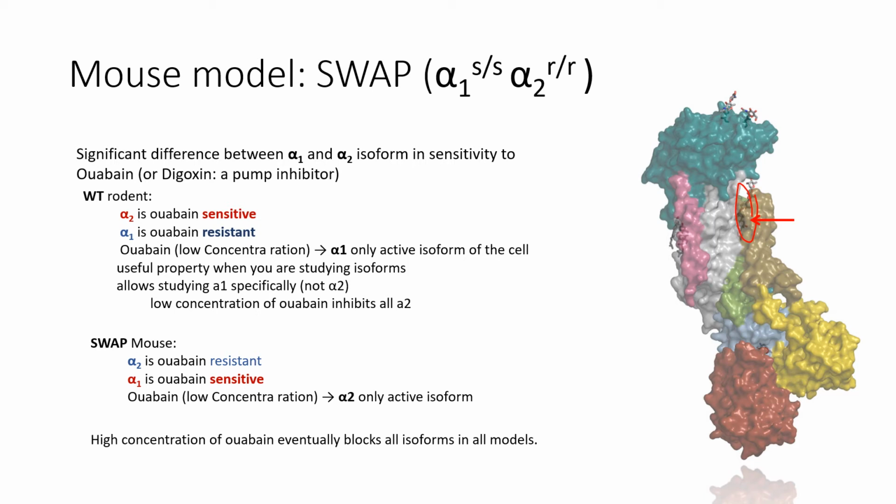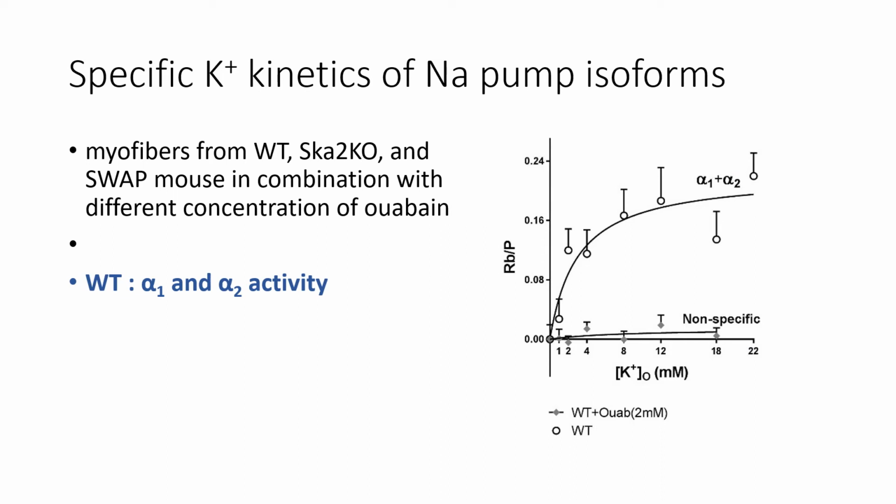And a high concentration of ouabain eventually blocks all isoforms in all models, which is useful when separating specific versus non-specific transport activity. So we determined the specific potassium kinetics of sodium pump isoforms in skeletal muscle by using myofibers from wild type, alpha-2 knockout, and swap mice in combination with different concentrations of ouabain.